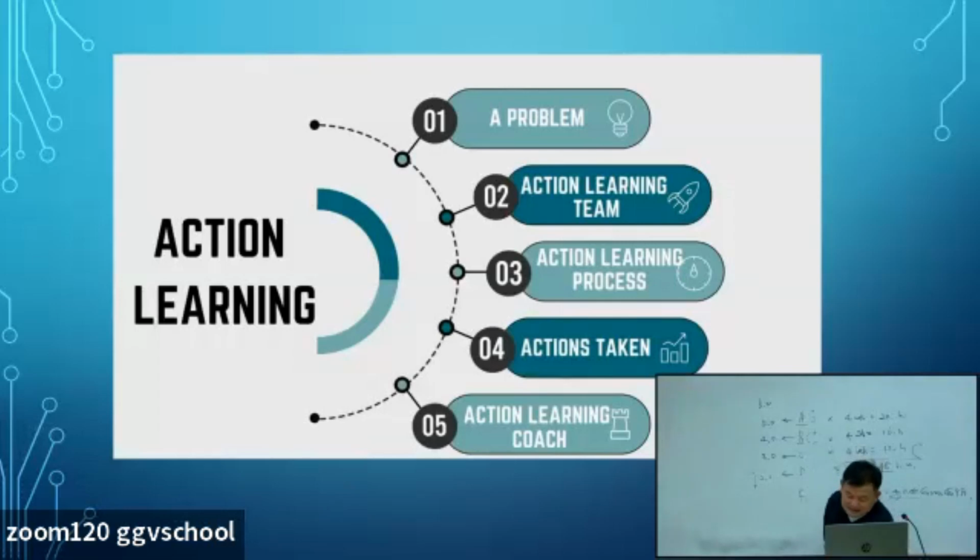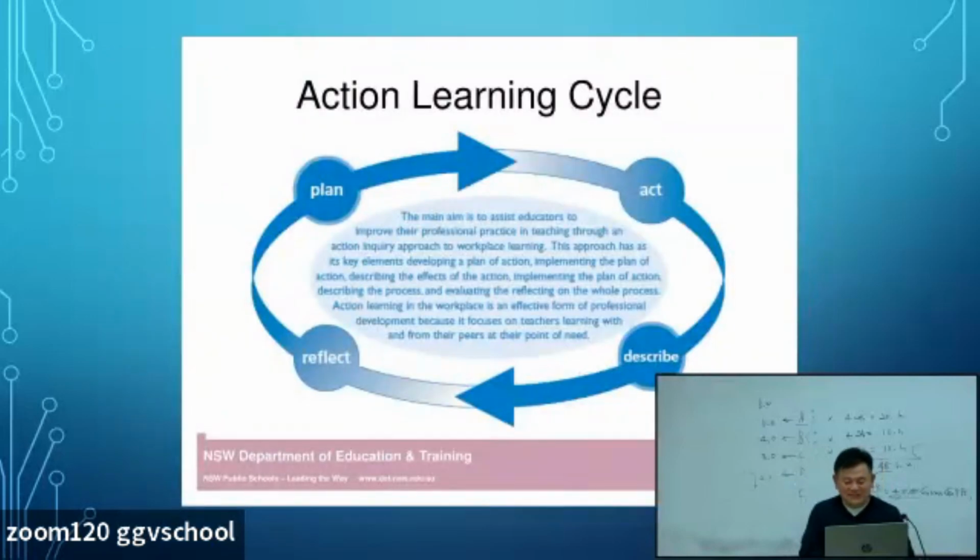Basically, you can feel that most learning theories are very similar, a little bit different. This is the discipline approach. The action learning cycle in this style is plan, act, describe, reflect.